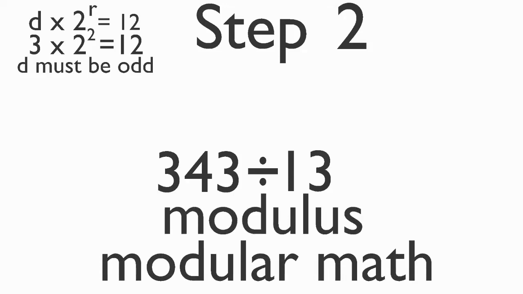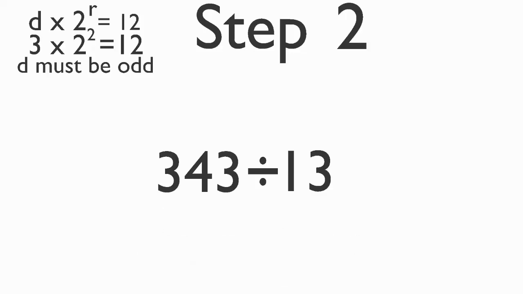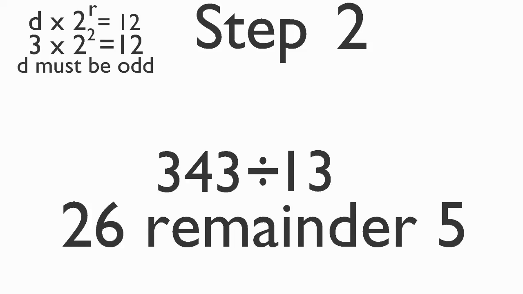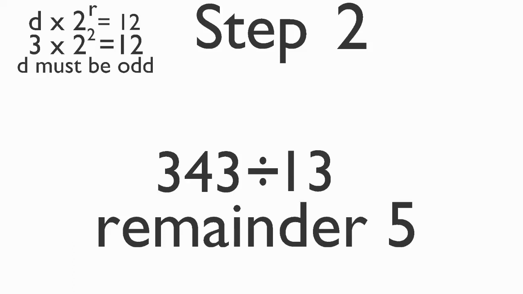Let's go back to our problem. 343 divided by 13. The answer is 26 with a remainder of 5. Remember, all we care about is the remainder of 5. Isn't that strange?